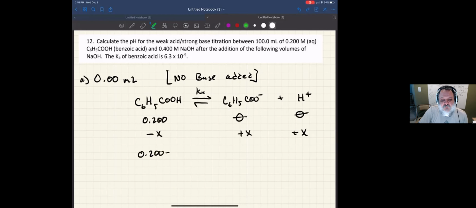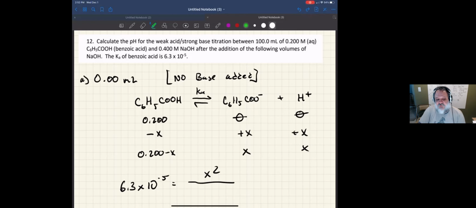We end up with an expression that says 6.3 times 10 to the negative fifth, the Ka, equals the concentration of the products, which according to the ice table at equilibrium are x times x, or x squared, divided by the concentration of the reactants, which we've decided was 0.20 minus x.